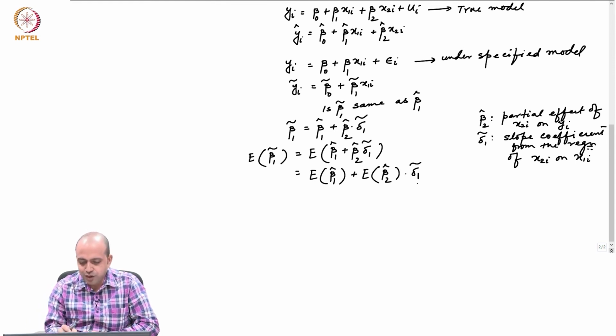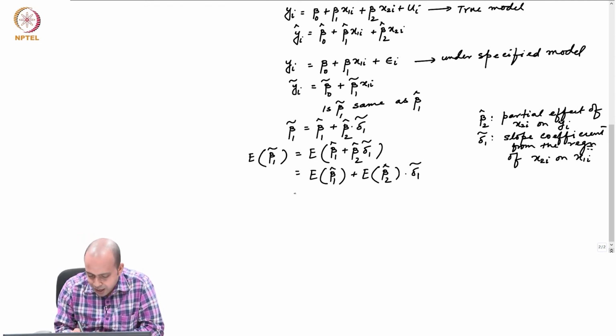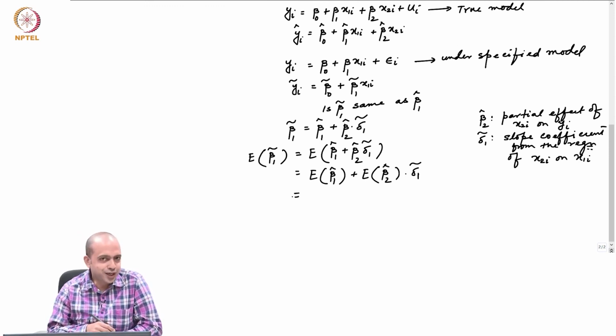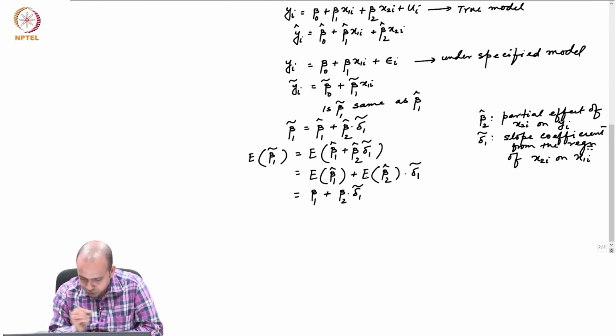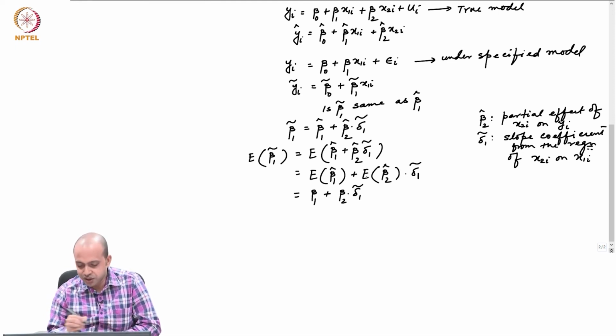That is why it would become expectation of beta 2 hat into this, and assuming that beta 1 hat is an unbiased estimate of beta 1 and beta 2 hat is an unbiased estimate of beta 2, what can we write? This would become beta 1 plus beta 2 into this. Then what is the bias?